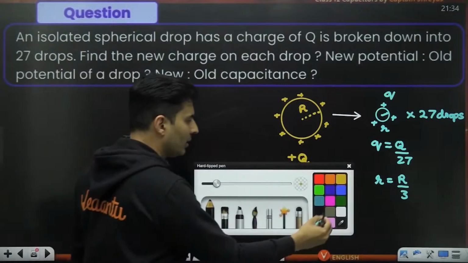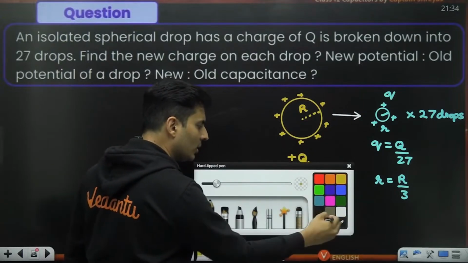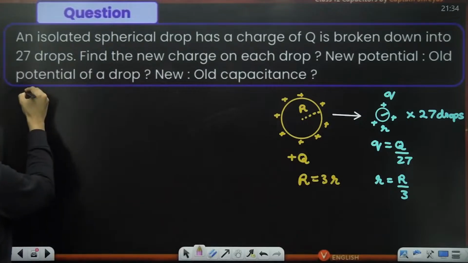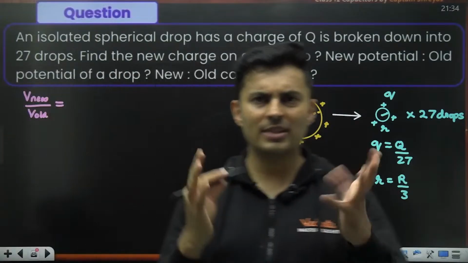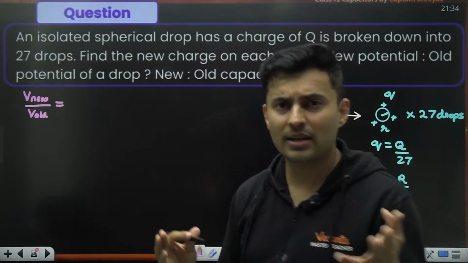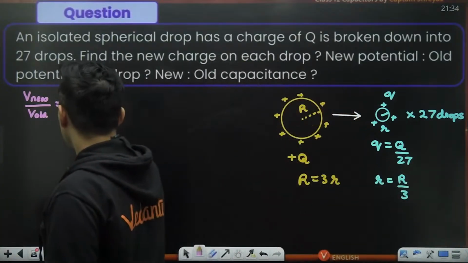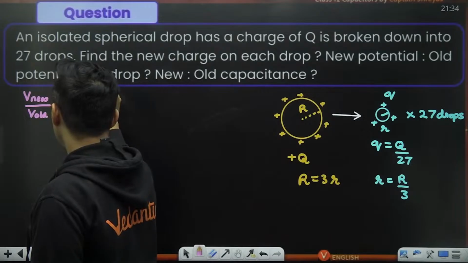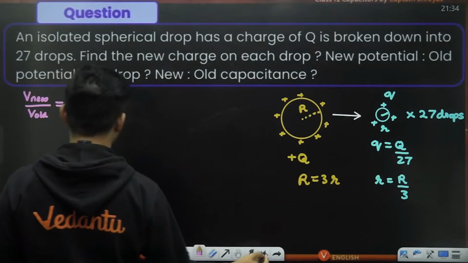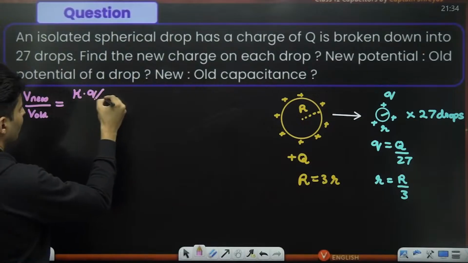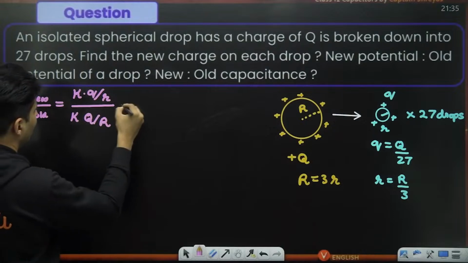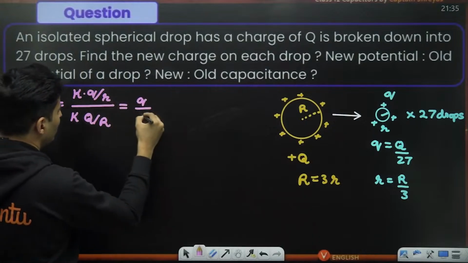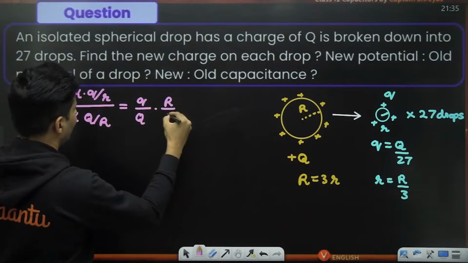Observe. If I want to find the new potential to the old potential ratio, what's the formula for the potential of a sphere? KQ by R. Isn't that the formula? So Coulomb constant into the charge, divided by R. Here, old potential will be K capital Q by capital R. K cancels, so we will have small q by capital Q and we'll have capital R by small r.